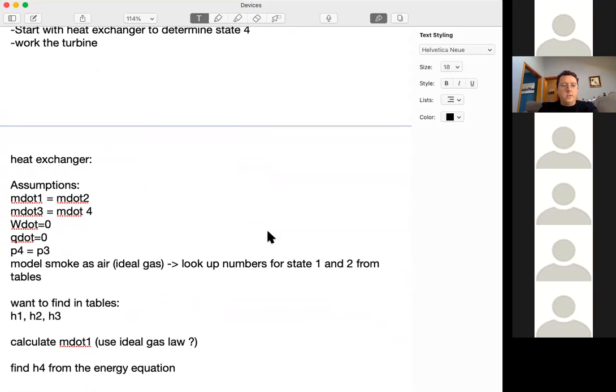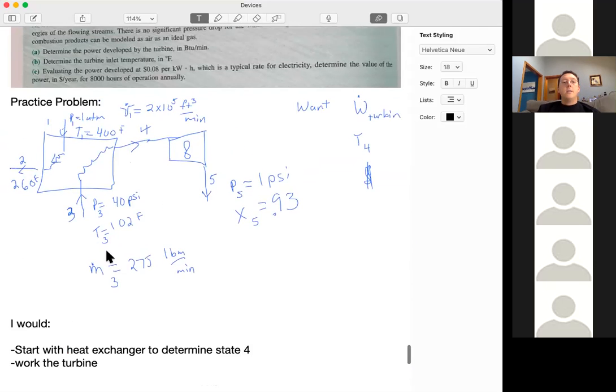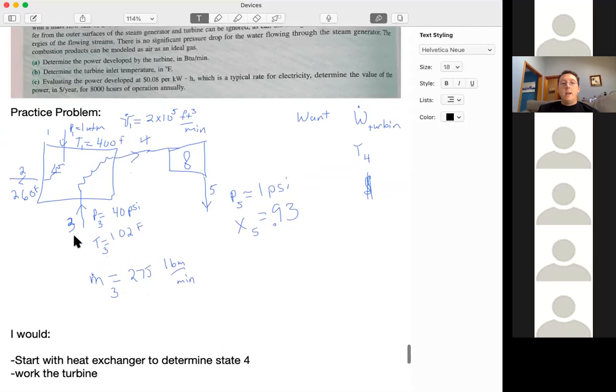Give me a thumbs up if you understand the assumptions I made, where they all came from. Okay, to find m dot 3 and 4: m dot 3 was given, and because they don't mix, m dot 4 has to be the same.